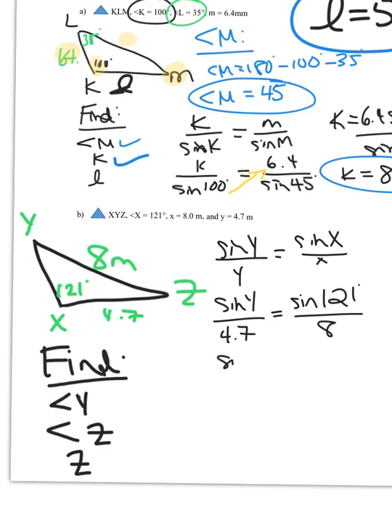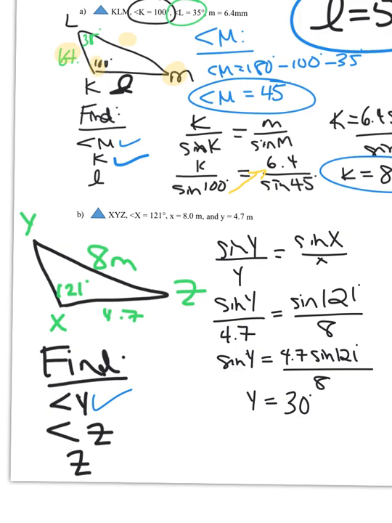When I rearrange and solve for sine y, I have 4.7 times sine 121 over 8. Remember, you want to do the sine inverse on that decimal that you're about to get and then round it to 1 decimal place, or the nearest degree. I have 30 degrees for mine. So there's the first angle, y, we found.